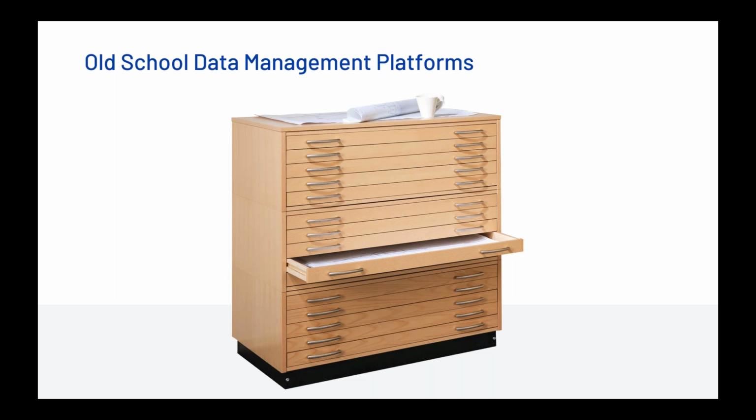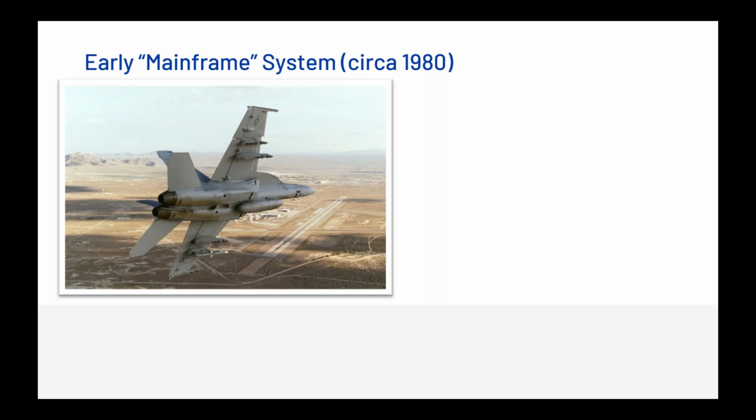Okay, and in the early 80s, I remember working in a system that was a mainframe, and it was Computervision CADDS 4. And this was out in China Lake, California, where we did support for naval airborne weapons systems.